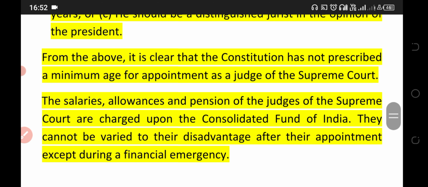From the above, it's clear that the Constitution has not prescribed a minimum age for appointment as a judge of the Supreme Court. Their salaries, allowances and pensions are charged upon the Consolidated Fund of India. They cannot be varied to their disadvantage after appointment except during a financial emergency.